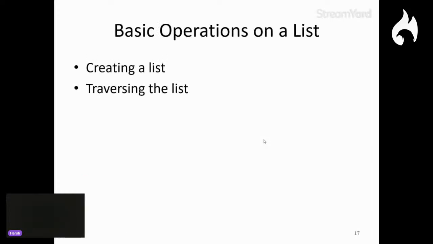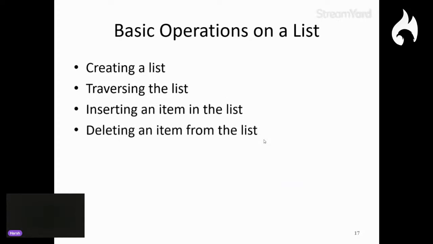The main basic operations on a list are: we can create a list, traverse the list, insert any item into the list, and delete any item from the list. Just like we can add two arrays, we can add two lists into one.